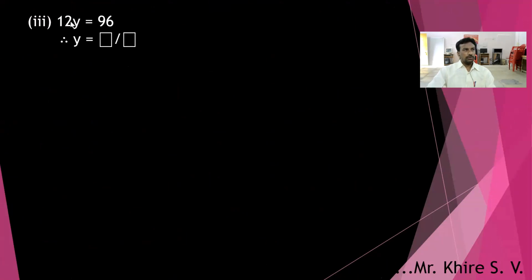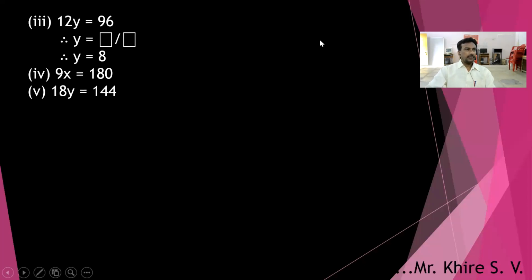The 12 goes to the RHS side and it will become upon 12. Means y is equal to 96 upon 12. In the first box write down 96 divided by 12. Divide 96 by 12. Then you will get 12 eights are 96. Therefore, y is equal to 8.